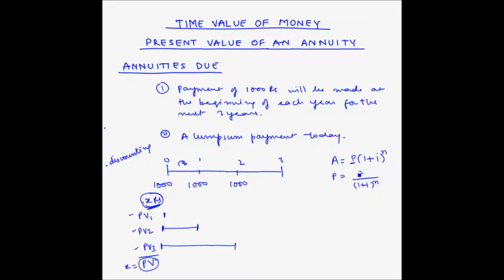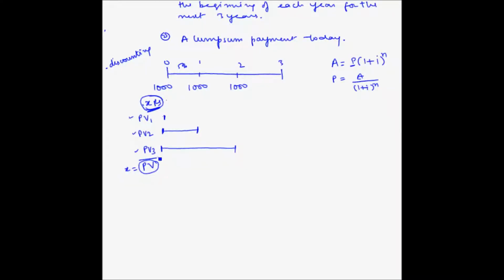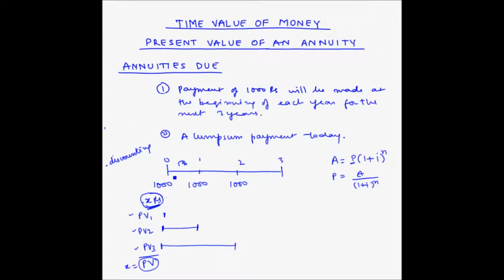Now here A in each of these cases is 1,000 rupees, because 1,000 rupees is what we are getting for PV1, PV2 and PV3 at the end of the tenure. So in case of PV3, this amount will be equivalent to the final amount that we are getting, that is A divided by (1 plus I) to the power 2, because this is being compounded for 2 years, 1 and 2.